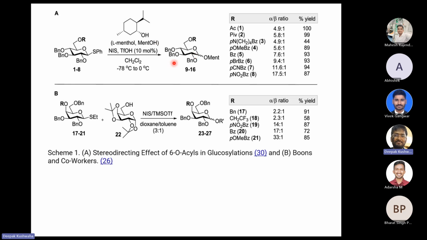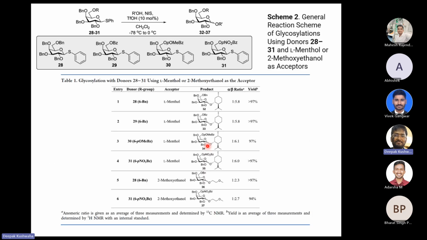Otherwise, they had published a paper on glucose donors two or three years back. Once the Boons group published on galactose donors, to verify whether the result or the protecting group has some problem, they used their own set of tools, their own protecting groups, on the galactose, and tried to repeat what the Boons group got. But in that process they got their similar results as earlier, just the positions are changing.